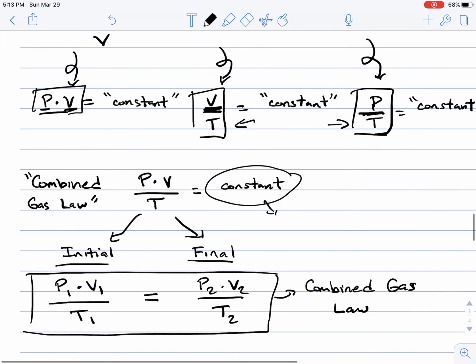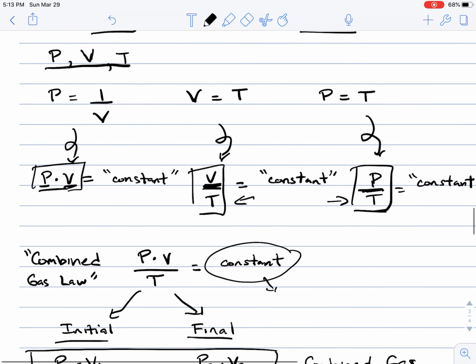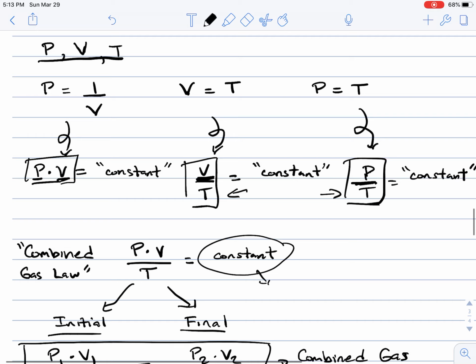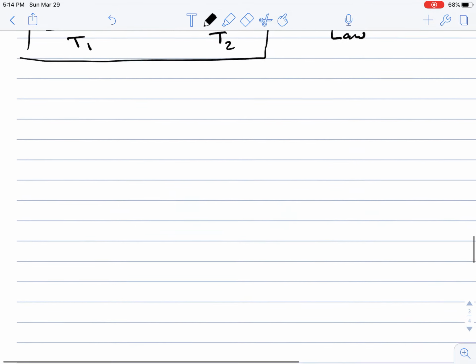Notice that for this specific topic, we only looked at pressure, volume, and temperature. So let's look at pressure, volume, temperature, and the number of moles of gases, and see if there's a relationship amongst these four variables.